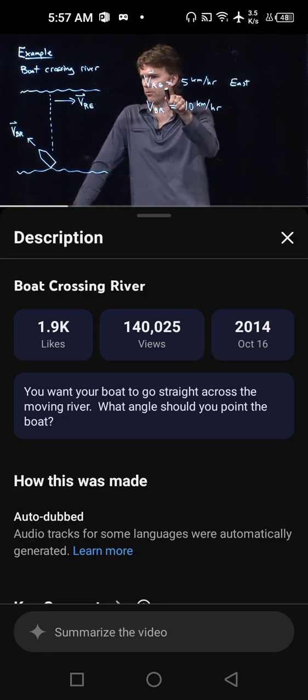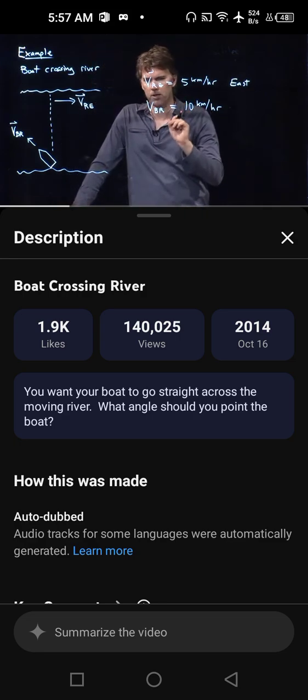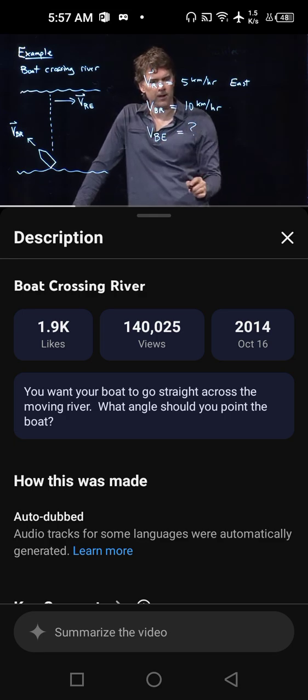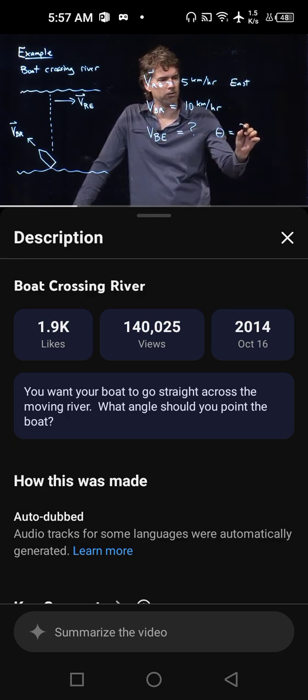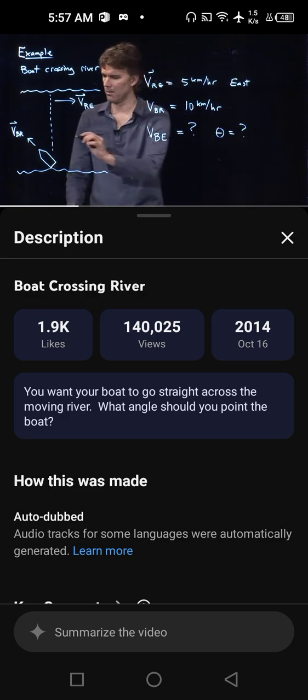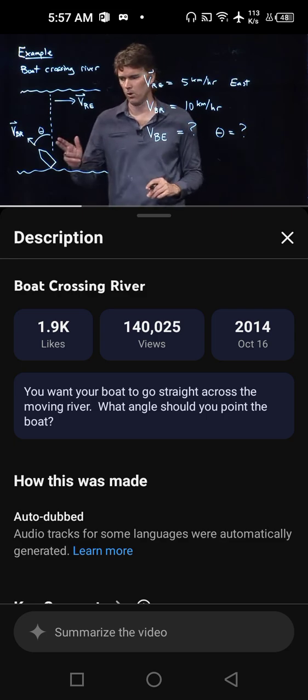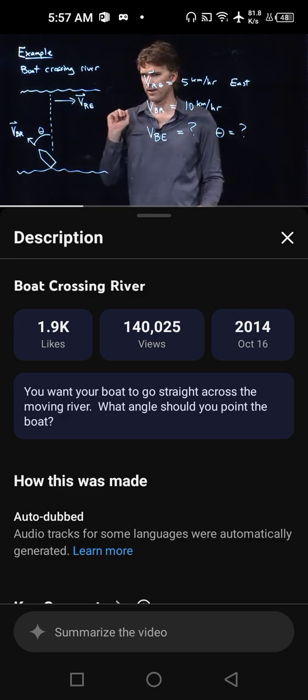Okay, so VRE means river relative to earth, VBR means boat relative to river, and we want to find what is the speed of the boat relative to the earth, and at what angle do we need to orient it, namely this angle right here. Okay. And the goal is to go straight across the river. That's the caveat here.